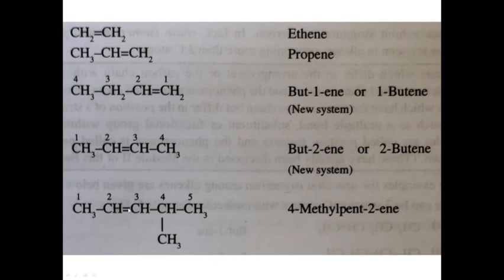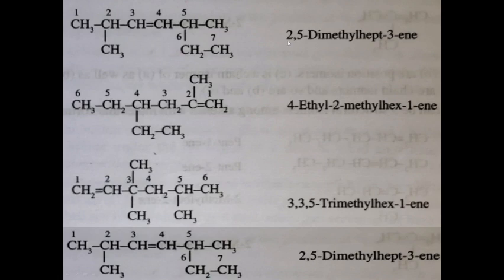Okay, and so here this is 2 5 dimethyl, 2 methyl groups are there, so that is dimethyl hept 3 ene. Okay, 7 carbon atoms are there, that is hepta, and then hept 3, at the third carbon atom the carbon-carbon double bond is there, 3 ene.